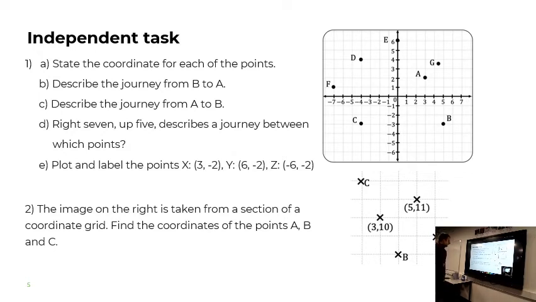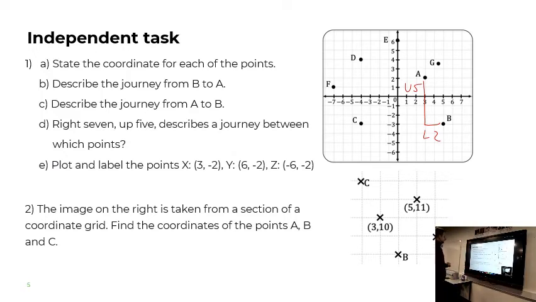I'm going to have a look at 1b. It says describe the journey from E to A. Let's have a look at this. So what's actually happening? We're going left 2, and then we're going up 5.